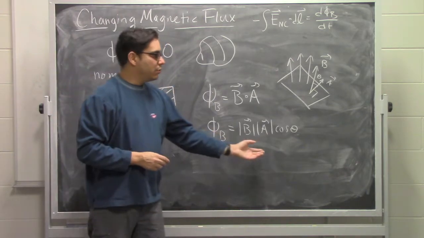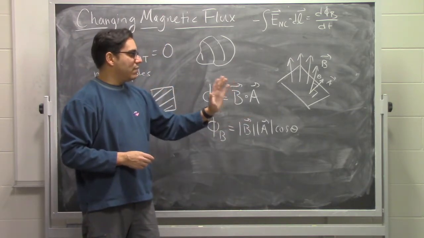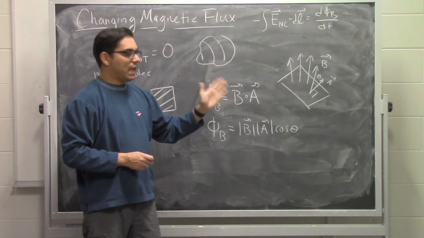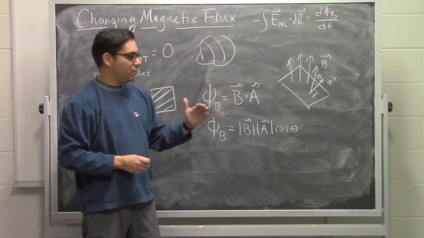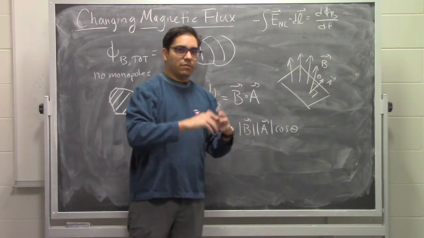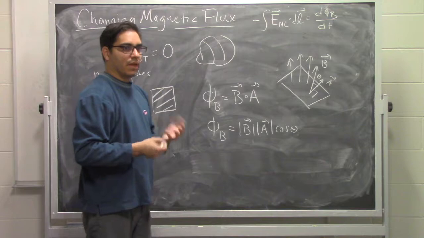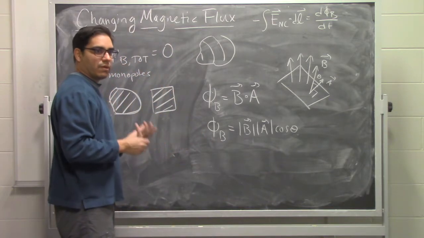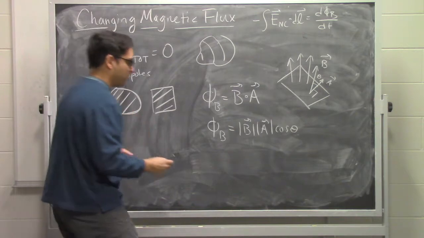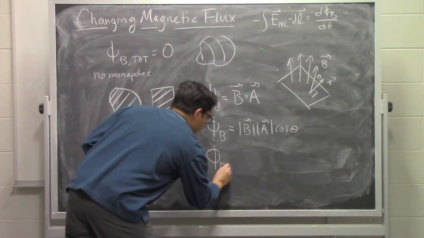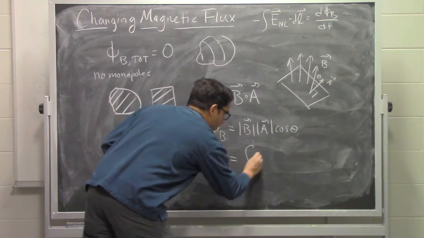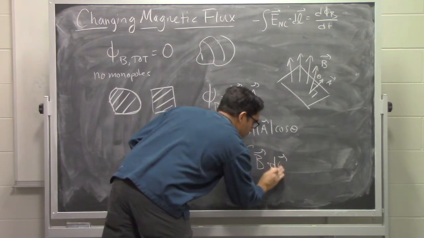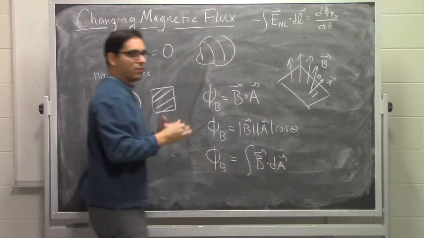Now, this is only true when every single magnetic field vector makes the exact same angle with every single little area vector that goes across. If it doesn't, if you're on some curved surface or you have some complicated magnetic field, then you actually have to add up all the parts to figure that out. So we have to do an integral, just like we did with Gauss's law. The total magnetic flux, in general, is the integral of the magnetic field dotted with dA, over some piece of area.